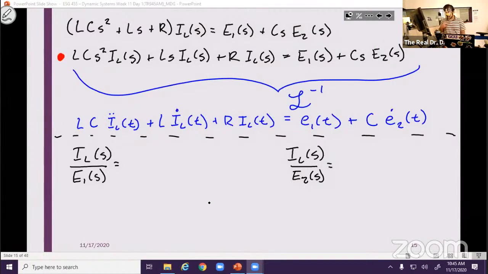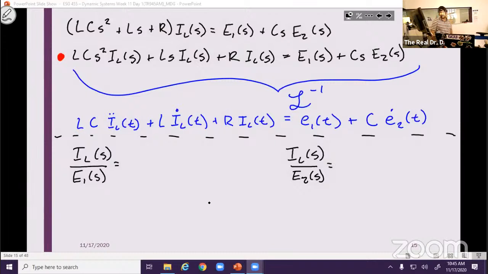Dr. D said that if we look at that red dot equation and we set E2 equal to 0, for those of you who can't see what I'm doing on the screen, I'm covering up that E2 term. So I'm just pretending that CS E2 of S is 0. It's not there.